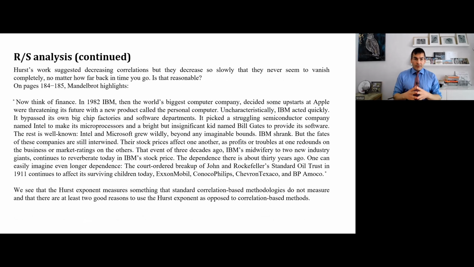So Hurst's work, recall his work concerning the dependency structure of the river Nile, suggested decreasing correlations, but they decrease so slowly that they never seem to vanish completely. So no matter how far back in time you go, the question arises, is that reasonable?